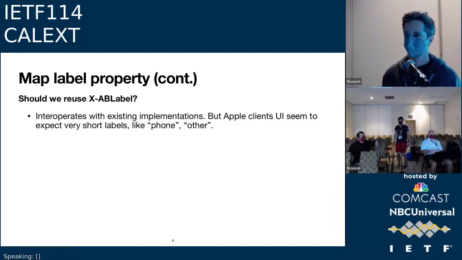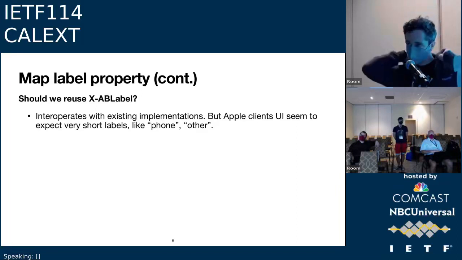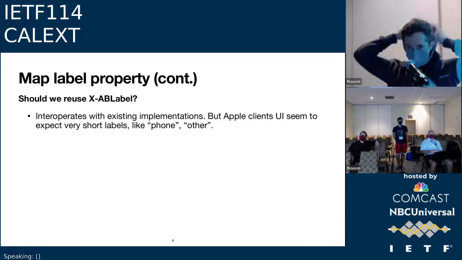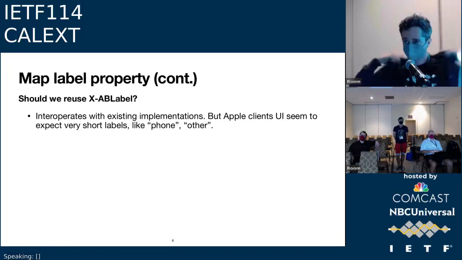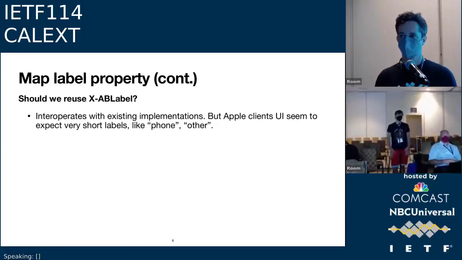So this is Joris speaking. Yeah, so my opinion on this, just to give an opinion, is the label property should at least be as powerful as the Apple XAB label property, but it doesn't necessarily need to be more powerful. At least if there's a mapping that we can do between the two, it's fine.